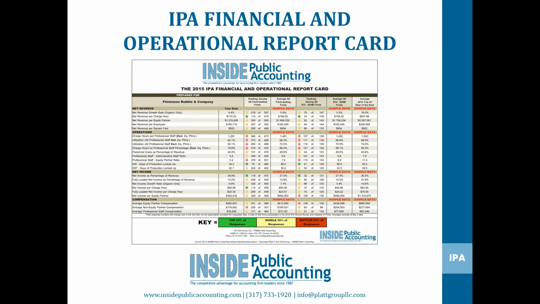We have offered the IPA benchmarking report card for several years now, and firms that have purchased it report to us that it's a great catalyst for discussion in partner meetings and quickly helps focus discussion on areas the firm can improve in. It's still not too late to order your 2015 financial and operational report card. So if you have any meetings coming up or want to see what this is like, feel free to contact us.